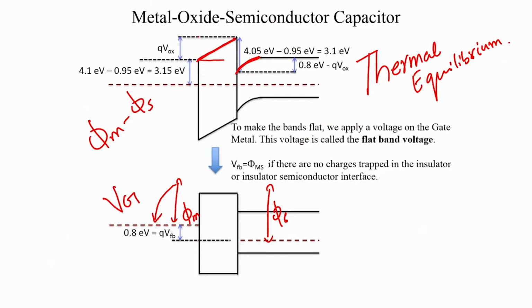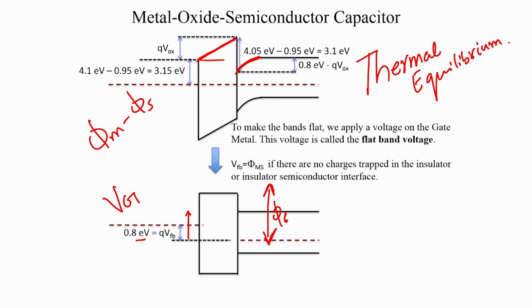In all these band diagrams we draw, it is drawn such that the electrons run downhill and the holes like to run uphill, which implies that if I apply a positive voltage to the metal, all the energy levels will go down, and if I apply a negative voltage to the metal, the energy levels will all start moving upward. So, essentially what we need to do in this case is apply a negative voltage to the metal and shift the metal's Fermi level upward by about 0.8 electron volt.